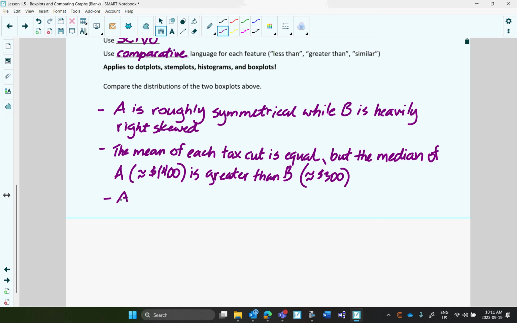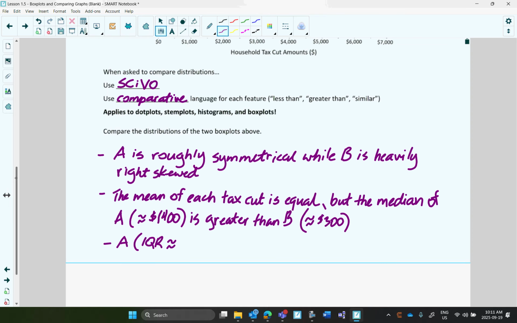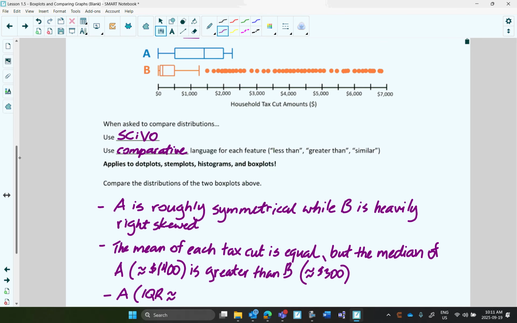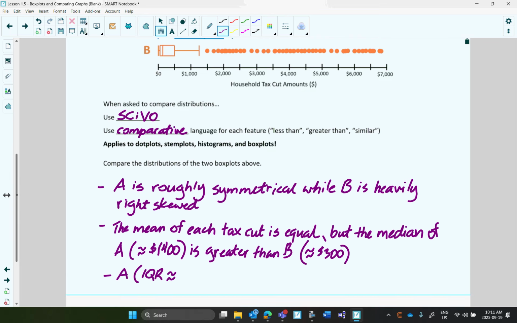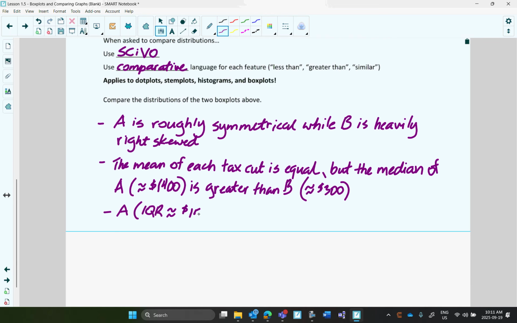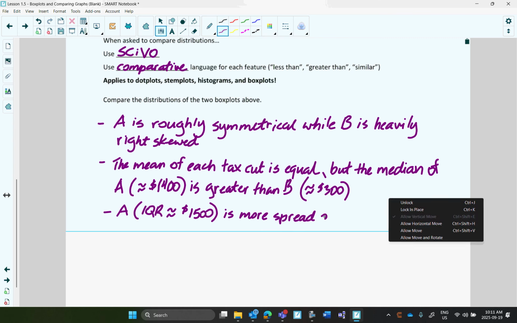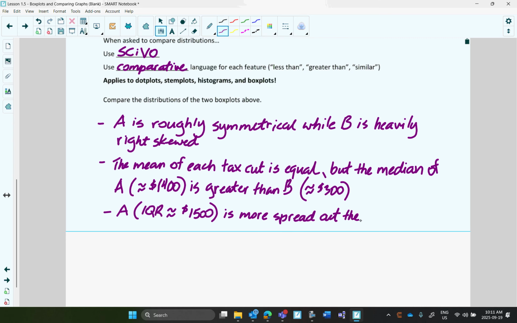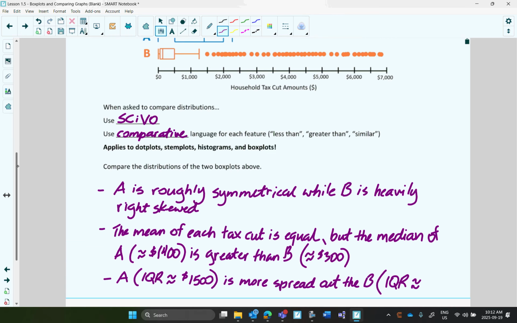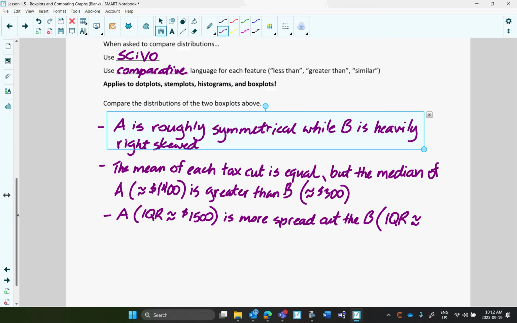So A's IQR looks like 2,000 minus 500, so approximately 1,500, is more spread out than B, whose IQR is much smaller, at approximately 500 minus 100, so approximately 400.